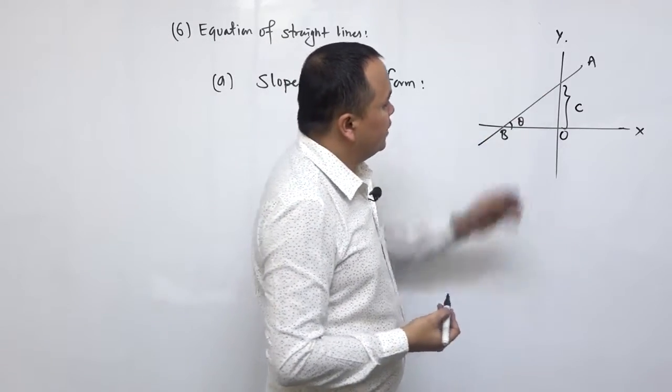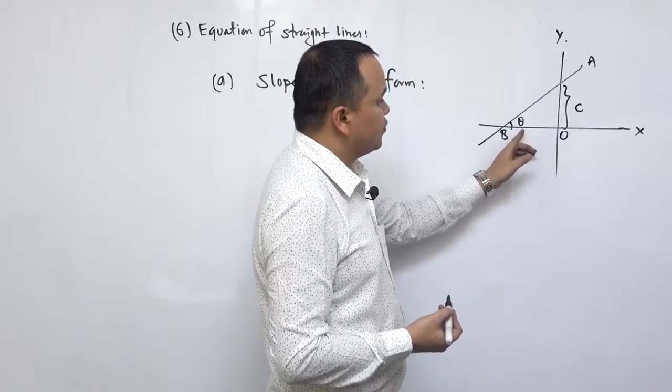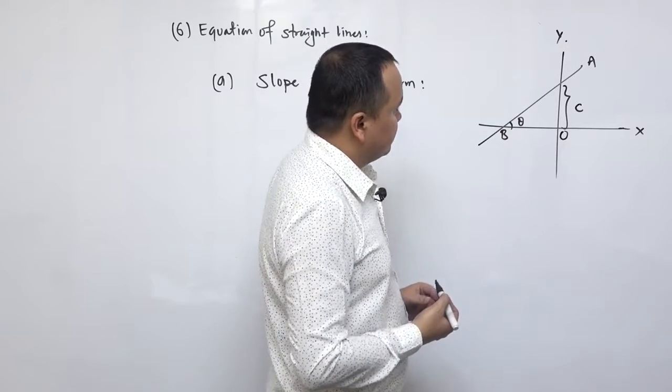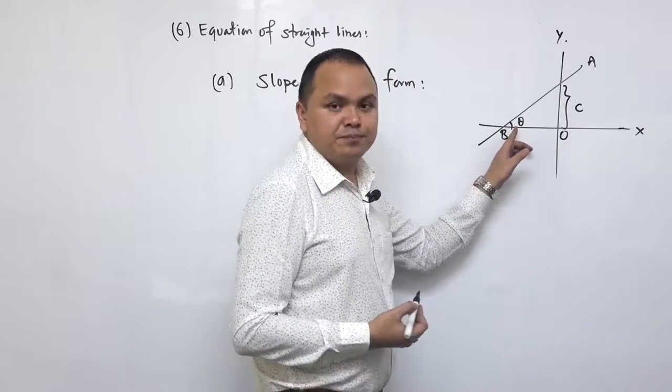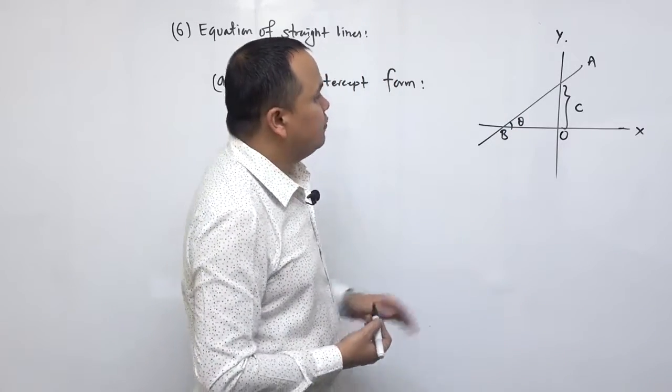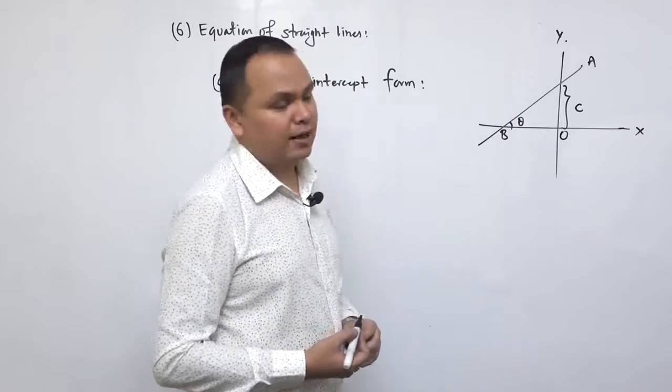Here, AB makes an angle theta with the positive x-axis. Tan theta gives the slope of the straight line, so the slope of AB is tan theta, which is denoted by m.